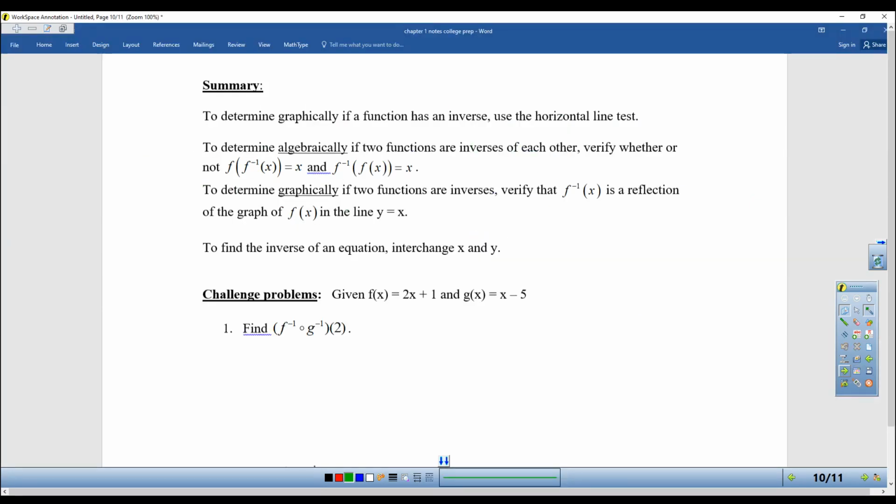Almost done. Just a summary and some challenge problems. So I've written down some notes to help make sure that you've got it all. I don't know if it helped or not, but you can read through those on your own. There are 2 challenge problems here. They are not required.